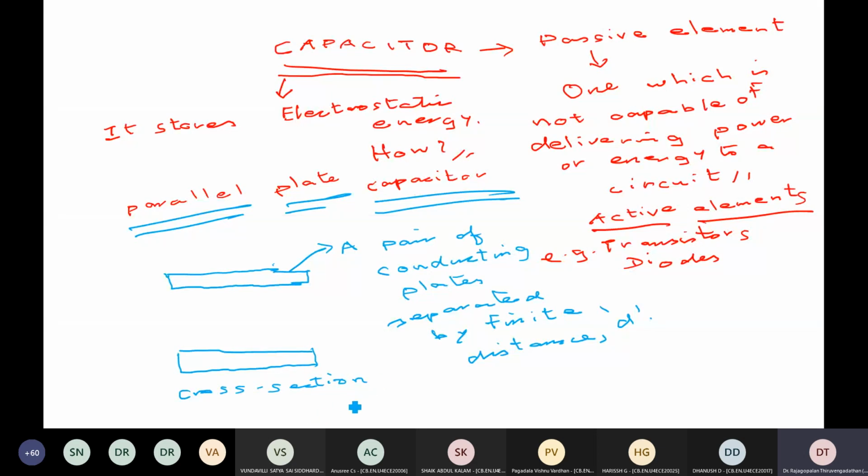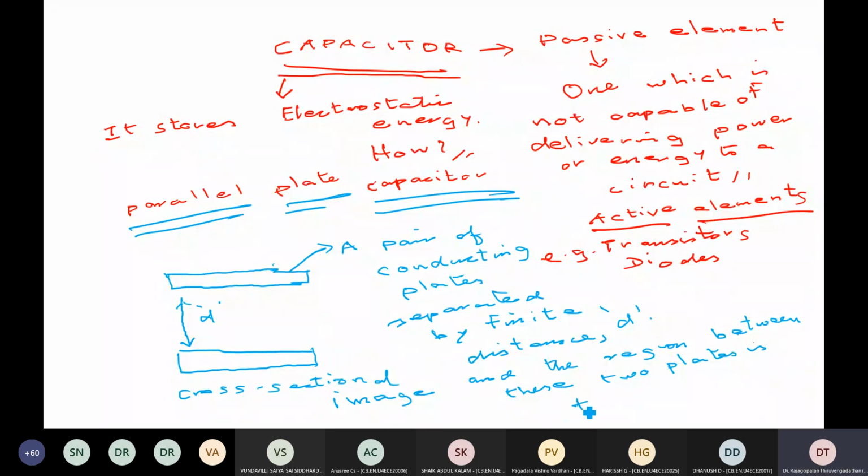Cross sectional image. So these two conducting plates are separated by a finite distance D, and the region between these two plates is filled with an insulating material, what is known as the dielectric.